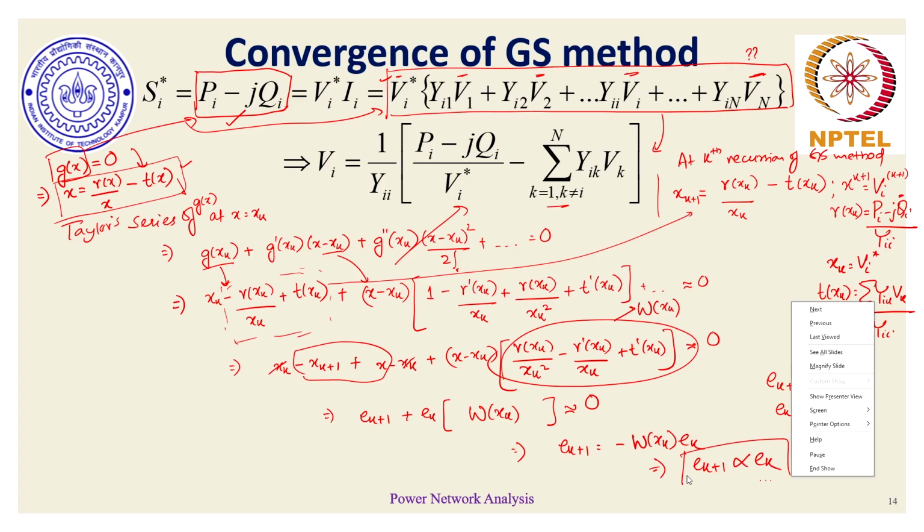This proportionality in terms of the errors in the current recursion and previous recursion is indicative that the Gauss-Seidel method has linear convergence.